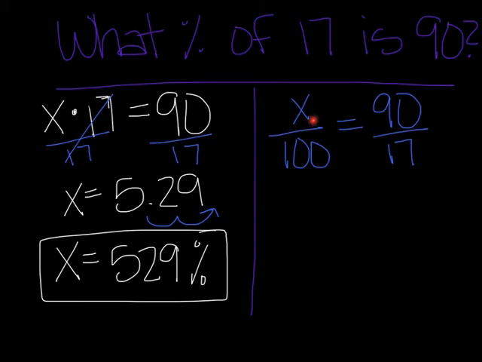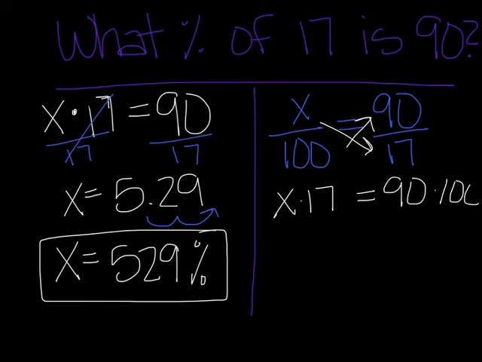So back to our cross product strategy, we have x times 17 equals 90 times 100. So we'll divide both sides by 17.